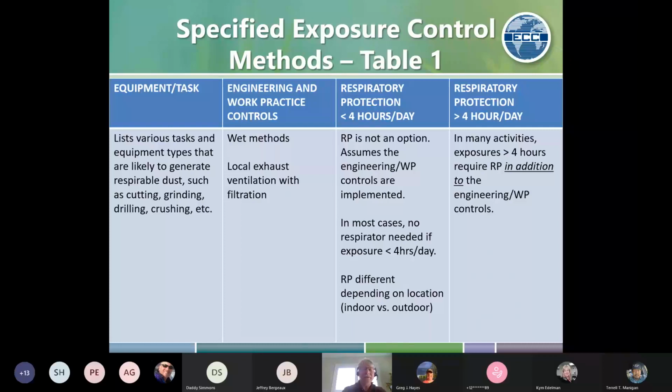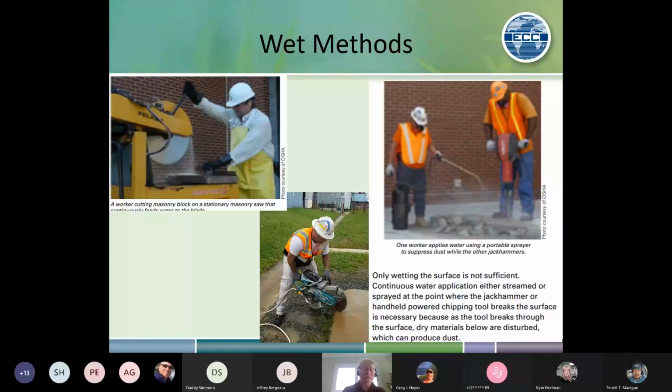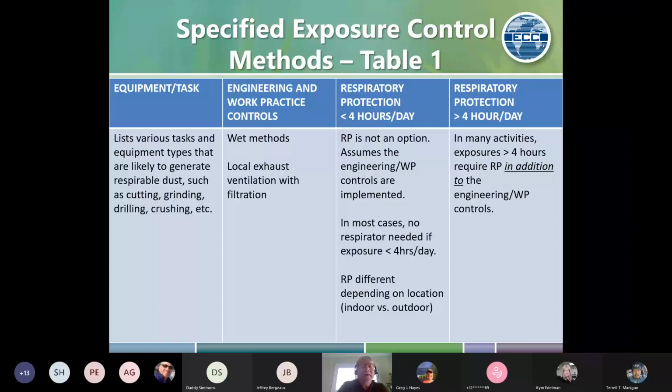So you have to take a look at that. I'm sorry, I keep switching slides here. And then the respiratory protection, and sometimes the respiratory protection, besides being less than or more than 4 hours of exposure, will differ based on whether or not you're doing the operation indoors or outdoors. So you kind of have to really get into the table and see exactly what it's saying.